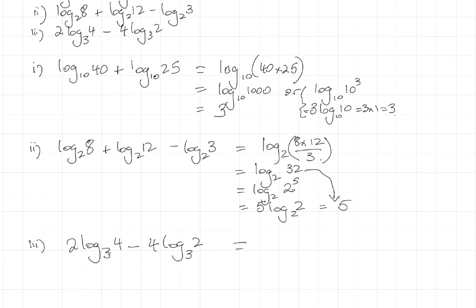We can work this one backwards, and we can say that that's log to base 3 of 4 to the power of 2 minus log to base 3 of 2 to the power of 4. So that 2 can go up as that power there, and this 4 can go up as that power there. Subtracting, so we are dividing the numbers.